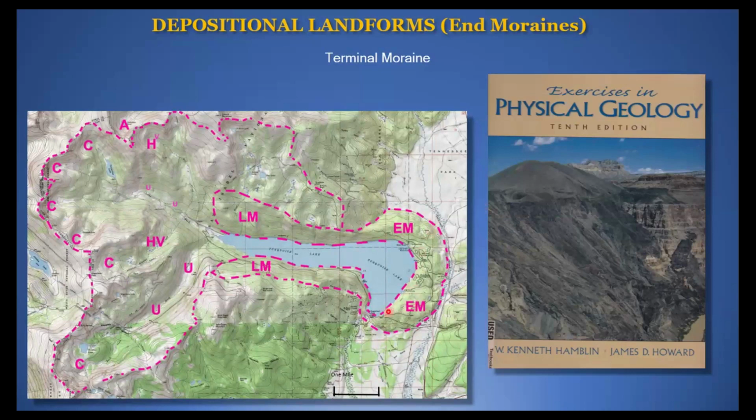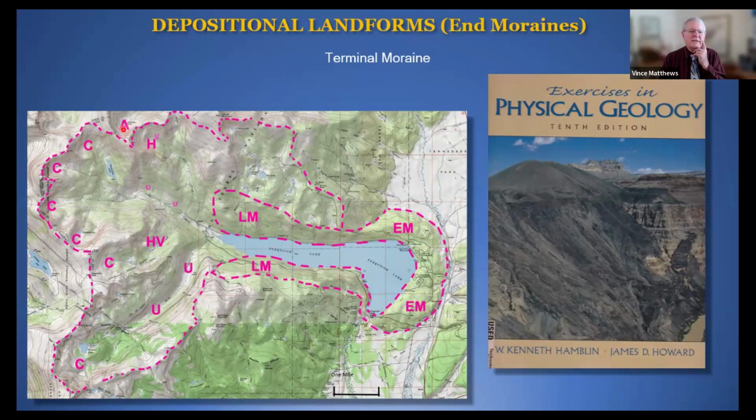And we had to go in and mark and label the end moraines, the lateral moraines, the cirques, the hanging valleys, the arêtes, the U-shaped valleys. We had to label all that stuff. I think I got a C on this or something like that.